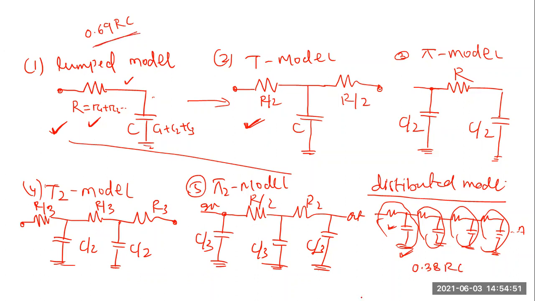Actually, in the real case we will get 0.3 RC, but we will calculate 0.69. That is good also, not a problem, because we will have some margin. It is not bad, it's good actually.